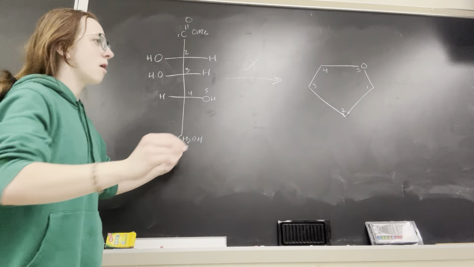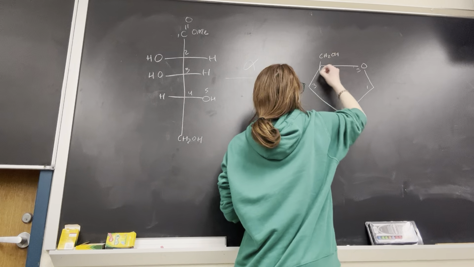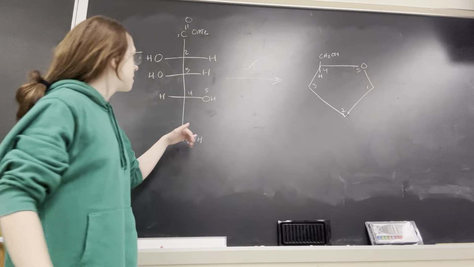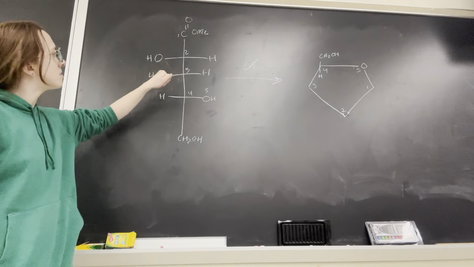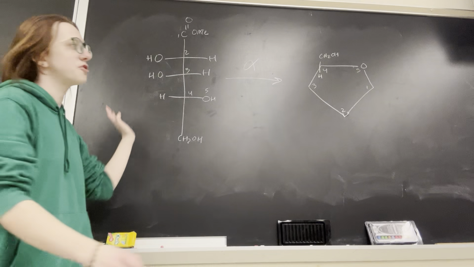It's the same start for all of them. The CH2OH is the D sugar, it points up. And then we keep moving upwards. So we have 3 and 2 are both on the left side, which means they're both up.